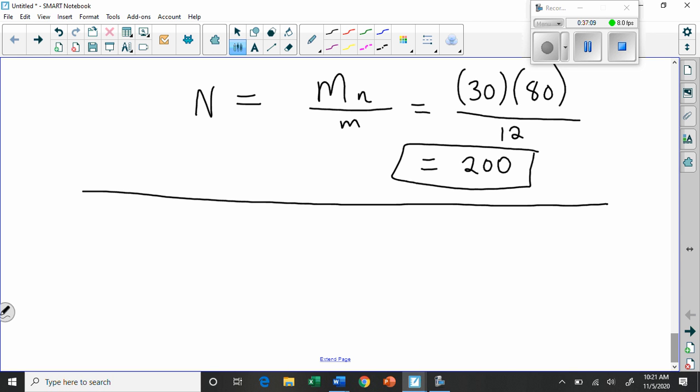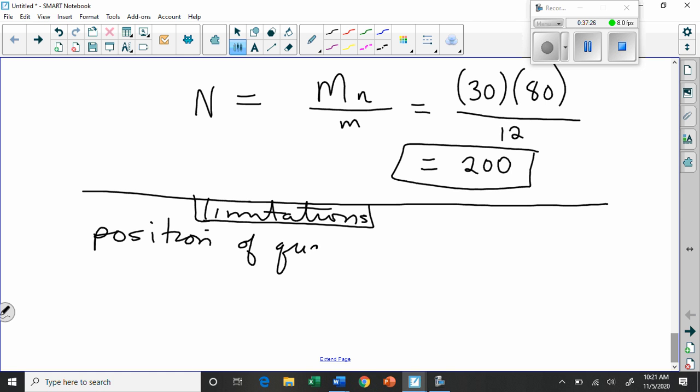The size of your quadrat, right? So the position of the quadrats, maybe we should write some of these down. These are limitations to understand, if you're a biologist, things that might screw up your numbers, right? Limitations, things that you have to be careful of. The position of quadrats and how you pick the spots. It needs to be relatively random.